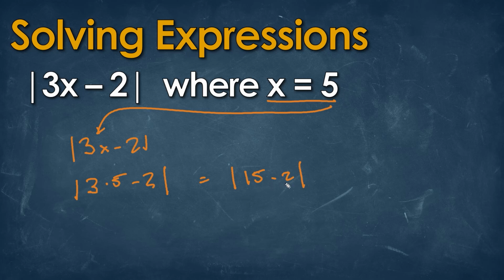Because we have a minus inside of it, we have to think of this in terms of PEMDAS, where we can think of it as having parentheses inside. We need to simplify this before we can take the absolute value. 15 minus 2 is going to give us 13. Since this is an absolute value, that means we must have a positive or non-negative answer, so it'll be 13.